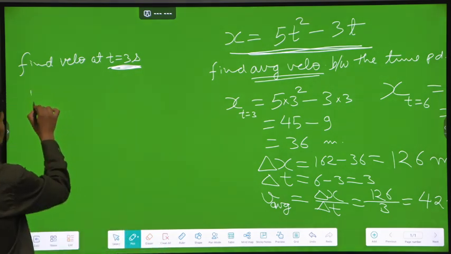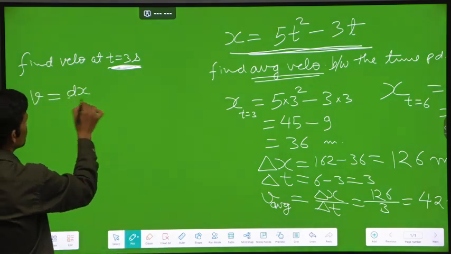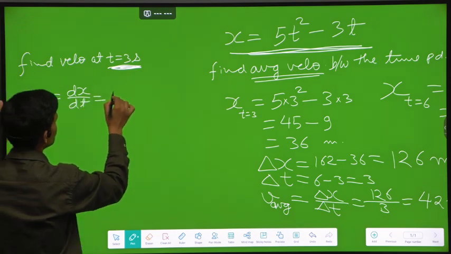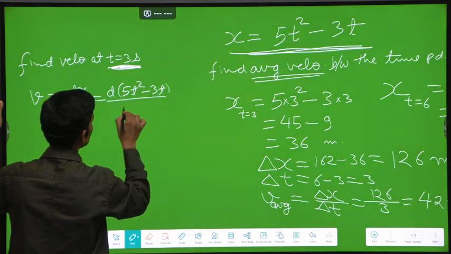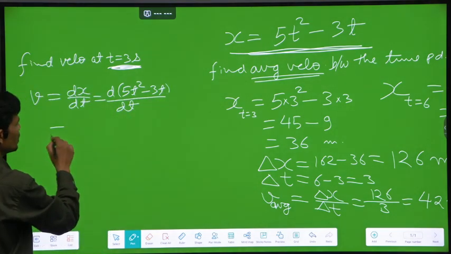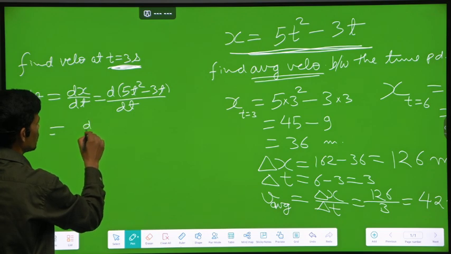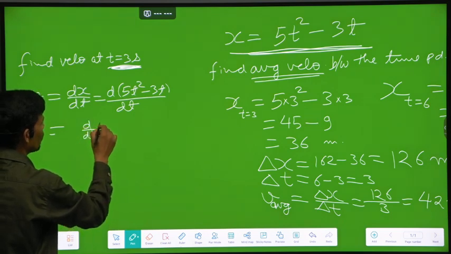Then we have to do the differentiation. Now simply it will be, bracket will be off.